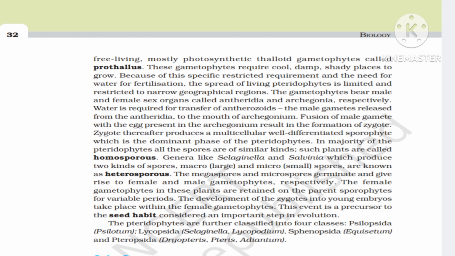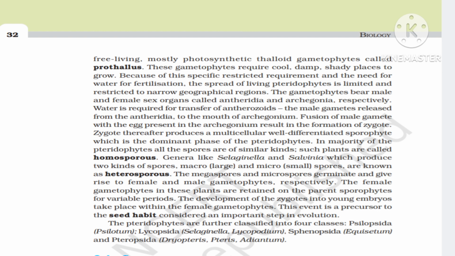The female gametophytes are retained on the parental sporophyte for a variable period. The development of the zygote into a young embryo takes place within the female gametophyte. This event is a precursor to the seed habit, considered an important step in evolution.